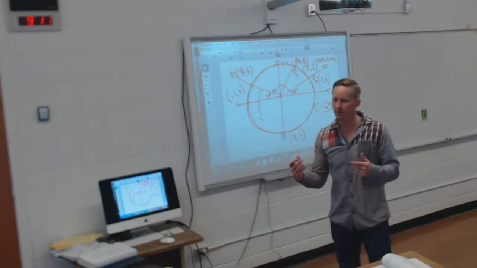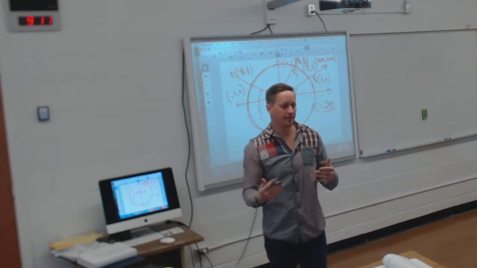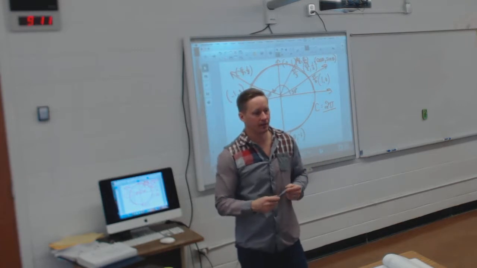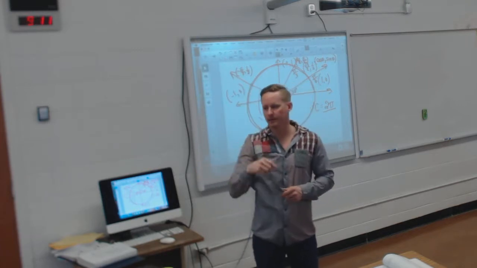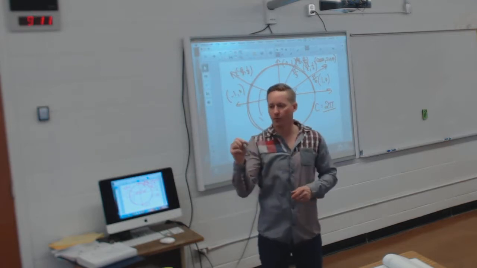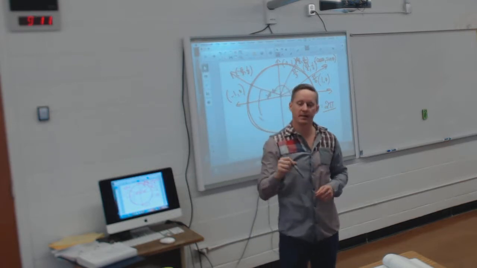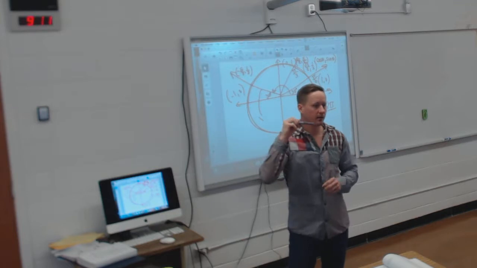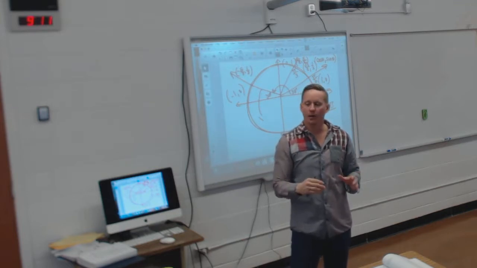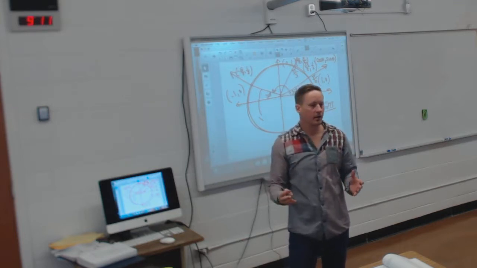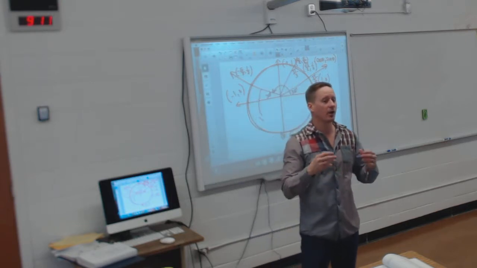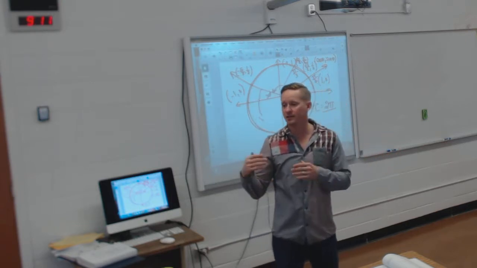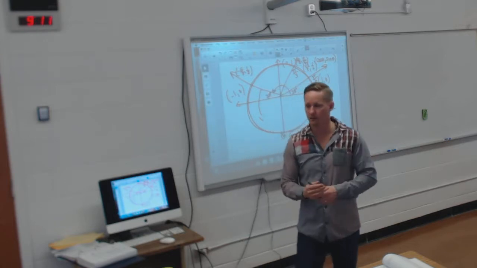So your end game, there's two things that you're going to end up doing. The first one is to get these all down pat. The 30, 60, 90, the 45, 45, 90 triangles. Get all of the values around it locked in. Once you have that locked in, you're going to figure out another way of finding the exact values for different angles, such as the sine of 15 degrees.